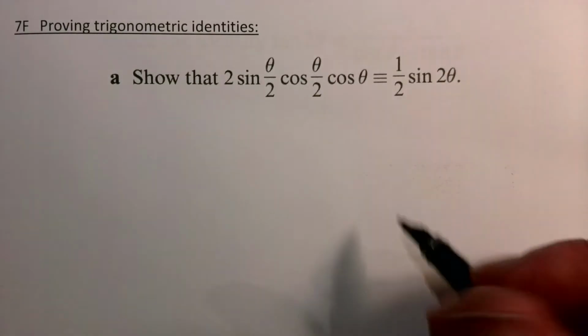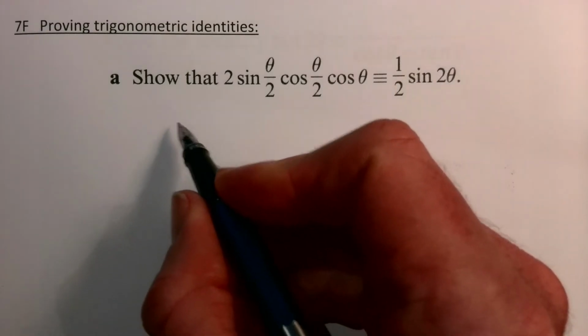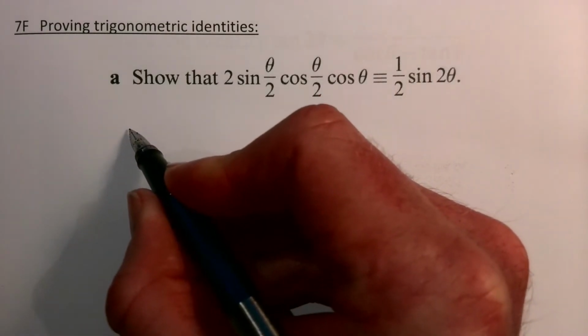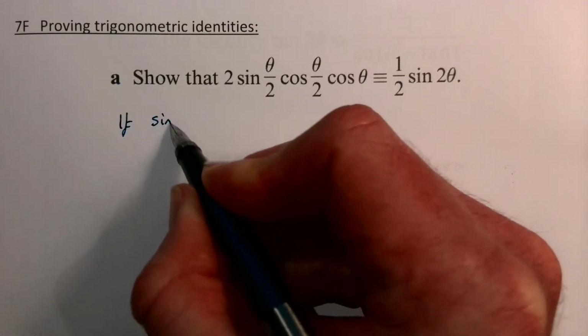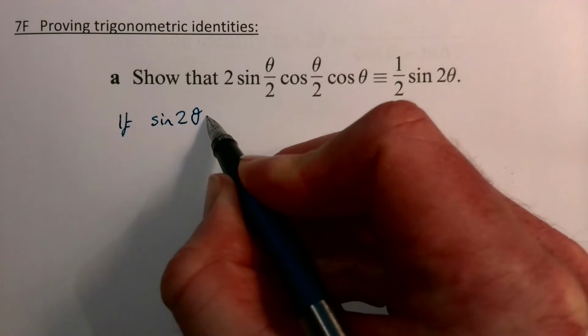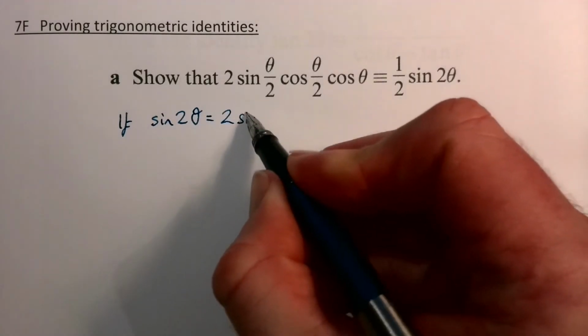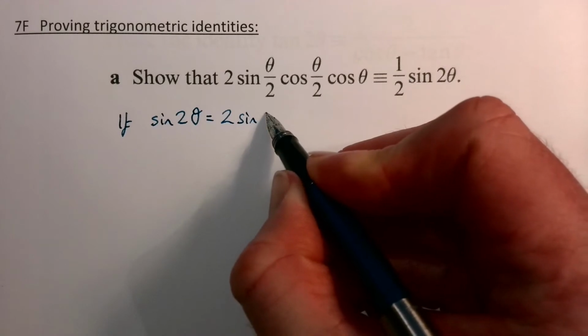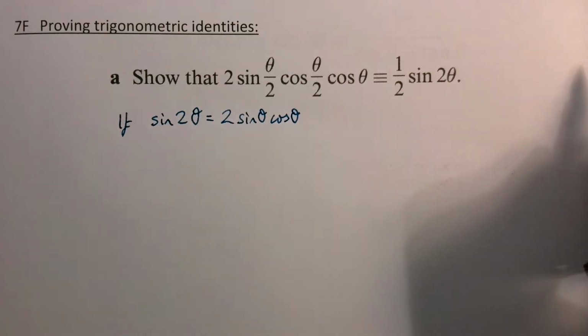So if we start with the right hand side, you can see you've got sine 2 theta there, and we know sine 2 theta is going to equal 2 sine theta cos theta.